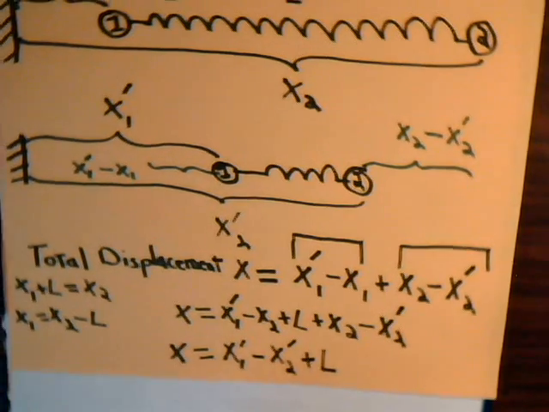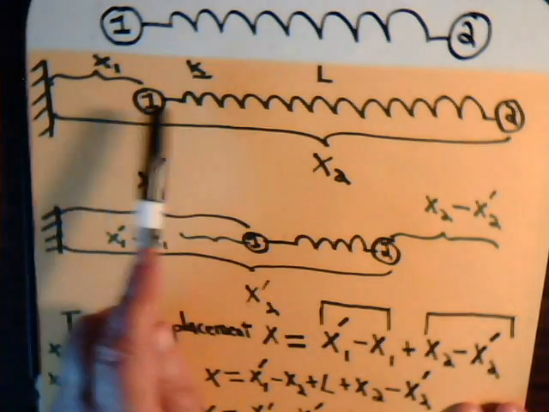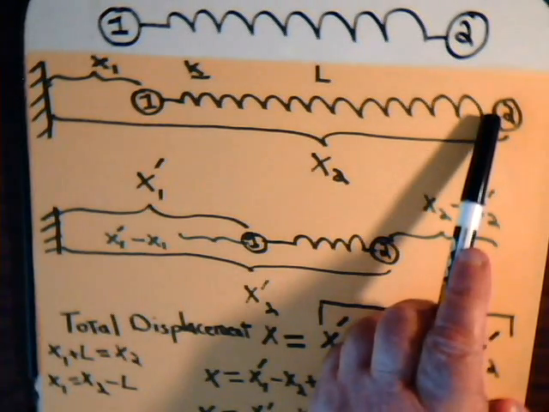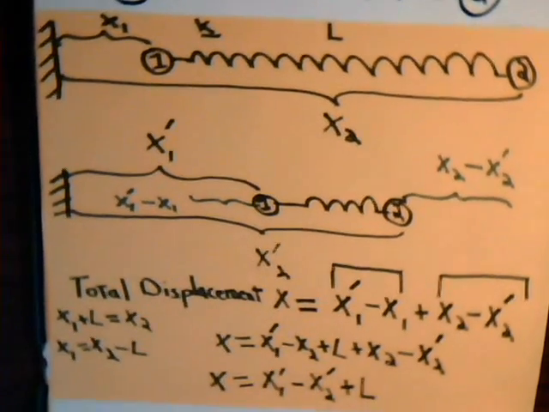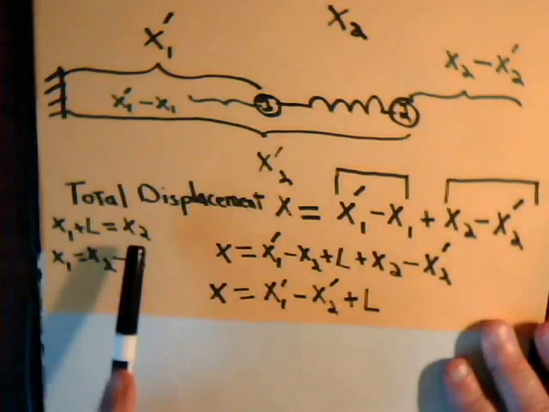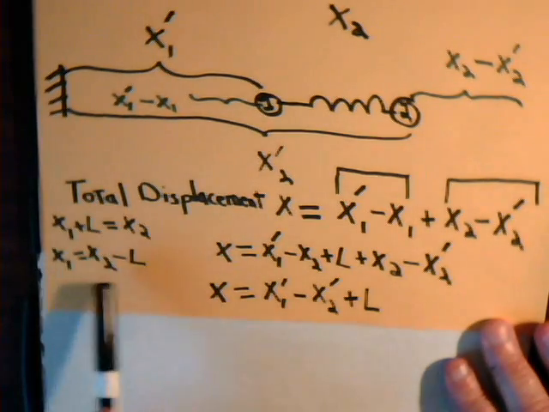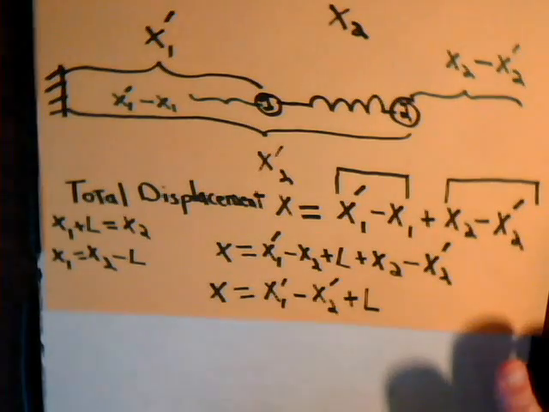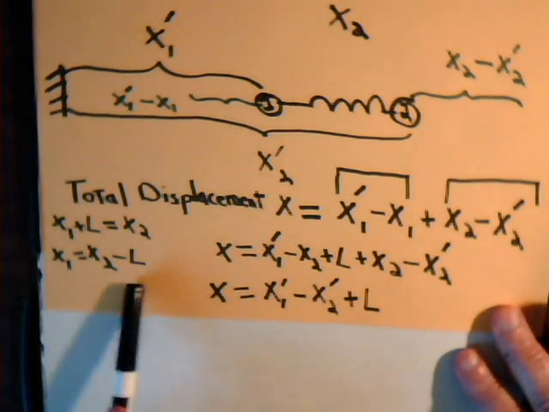But going back here to the top, we see that x1 plus L, the length of the spring, equals x2. And we have that written right here. Or we can say that x1 equals x2 minus L. So we're going to substitute x1 with this.